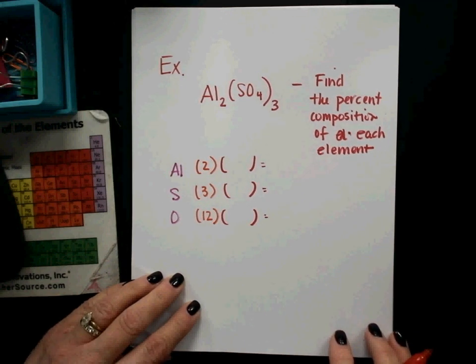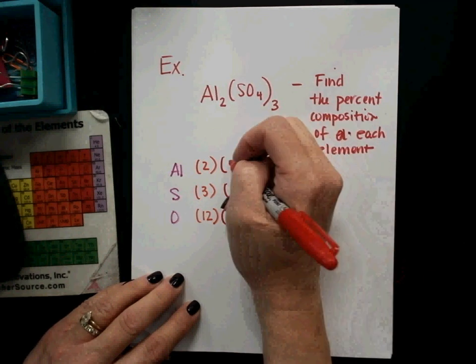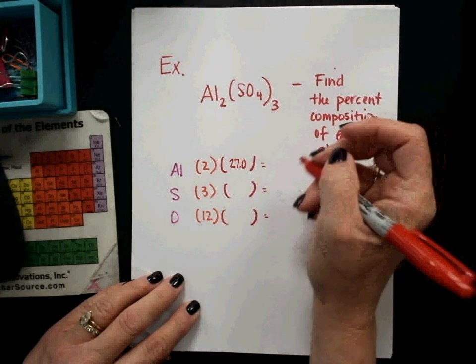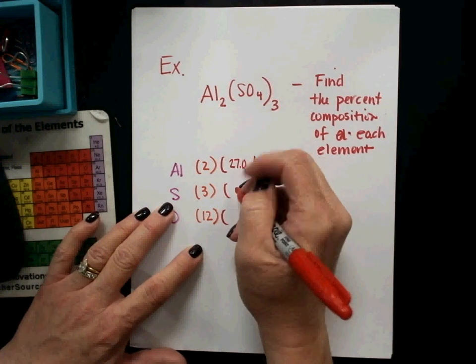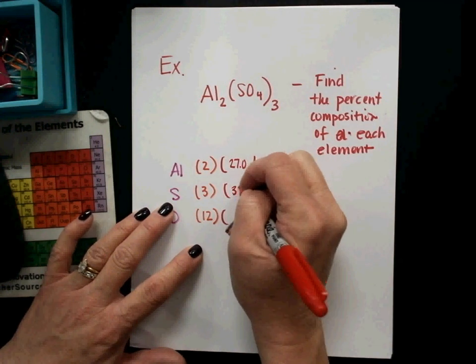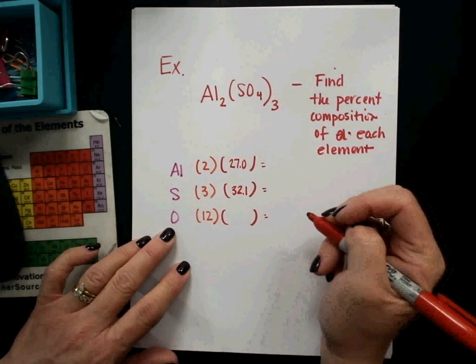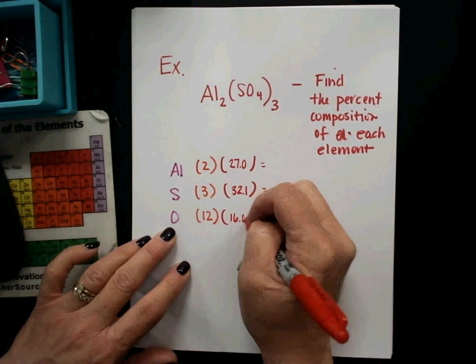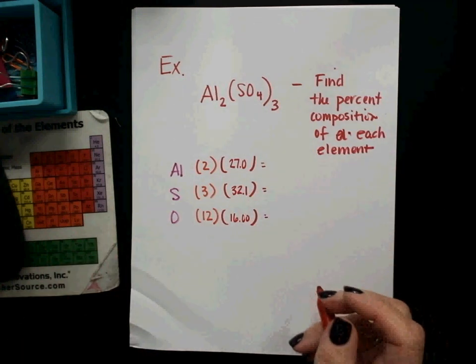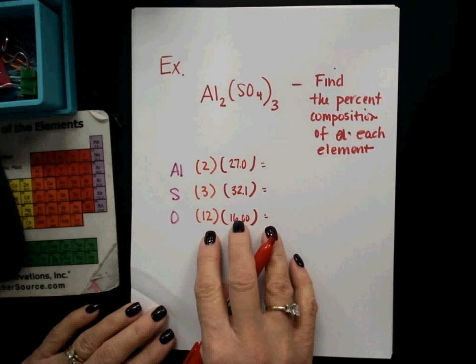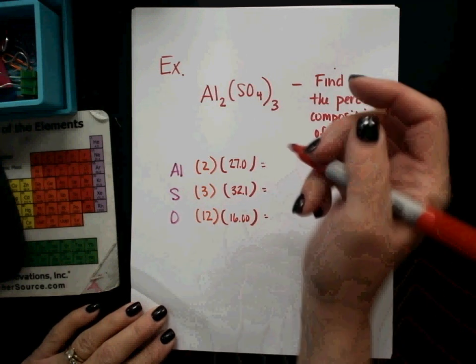All right, is the atomic mass of aluminum 27? Yep. Okay, so this should be 27.0. Sulfur 32.1? Yep. And then this one would be 16. So now you're going to carry it out just like you did when we did molar mass.